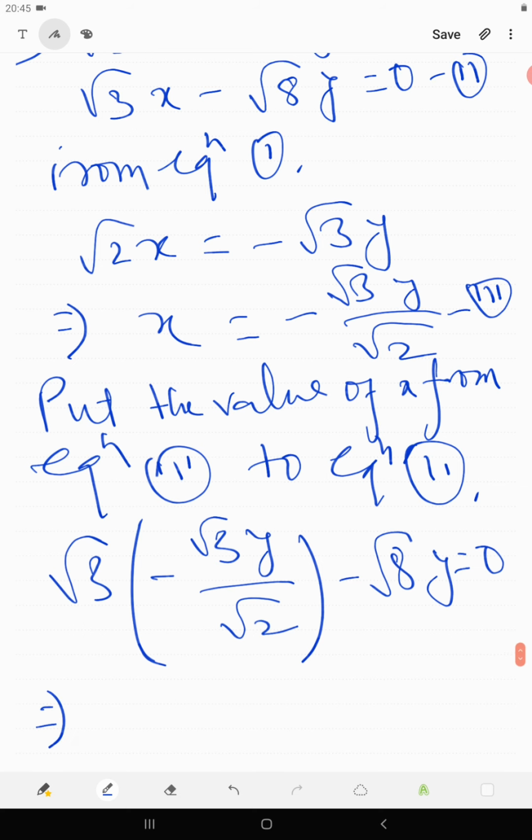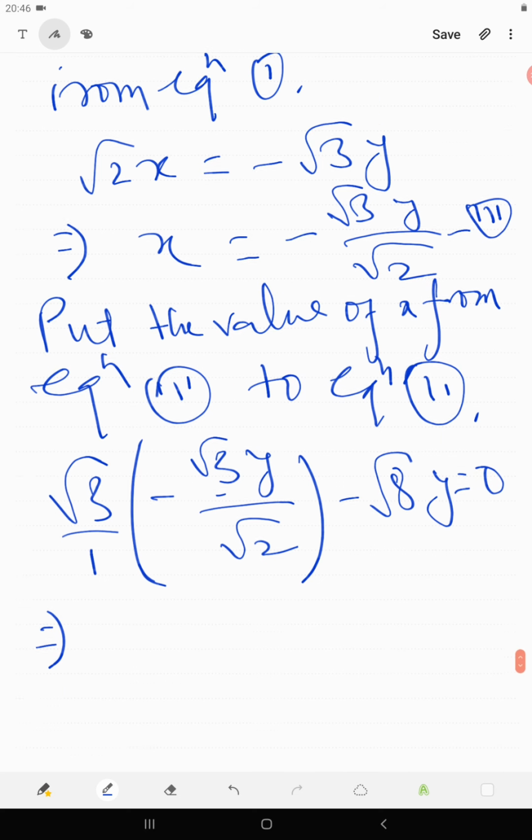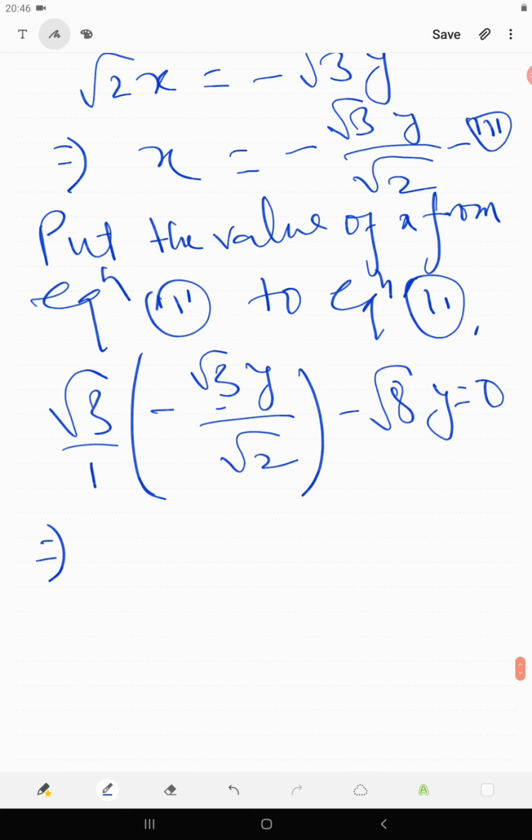Okay. So now root 3 into, see, this will be multiplied with the numerator, because root 3 is nothing but root 3 by 1. So numerator should be multiplied with numerator, denominator should be multiplied with denominator. So root 3 into minus root 3y is minus root 3 into root 3, if you will see.